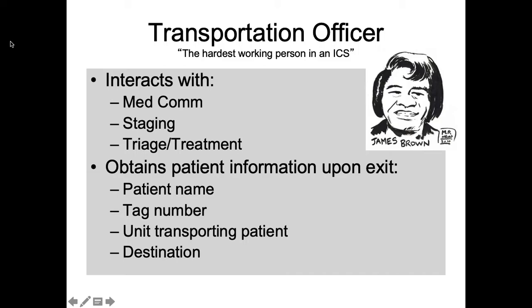They also need to keep track of patients that need to be transported, so they'd have to call the medcom person and find out what hospitals are accepting patients. They'd have to call the staging person to request an ambulance to transport. So you can see it's quite a bit of coordination. This is why this person would definitely have one of those scribe people with them to help keep track of all this. There's a lot of paperwork and coordination involved in this process.